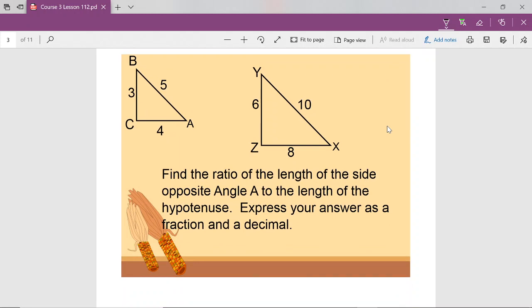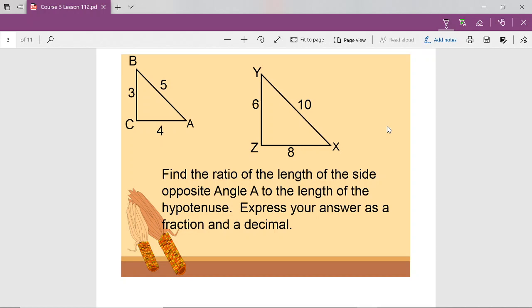So we can use this to find the ratio of different sides based on the angles that we're talking about. In a future lesson, we will give these very specific names that are used in trigonometry. Right now, we're just practicing how to find those ratios. So find the ratio of the length of the side opposite to angle A compared to the hypotenuse.